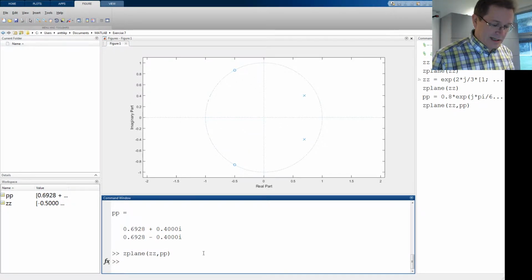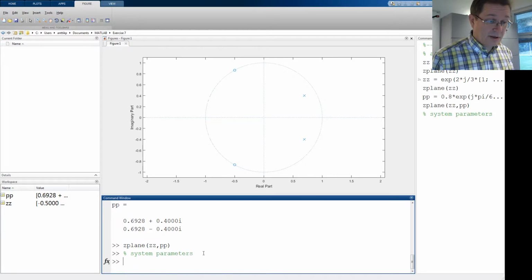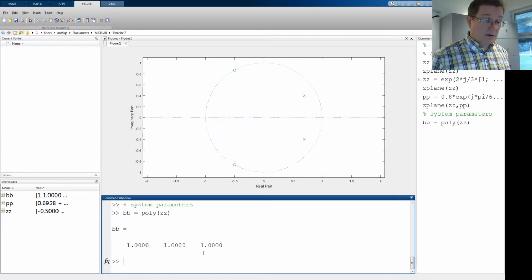So basically, next thing would be the corresponding system parameters. So B parameters are the polynomial coefficients of a polynomial defined by these zero locations.